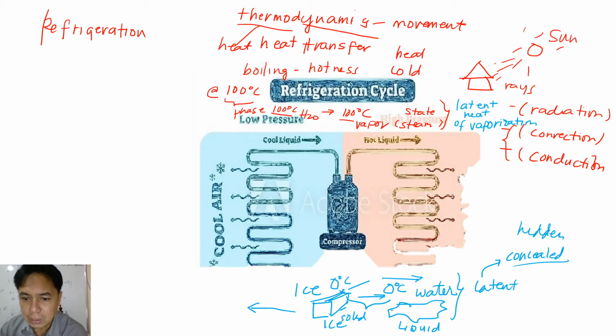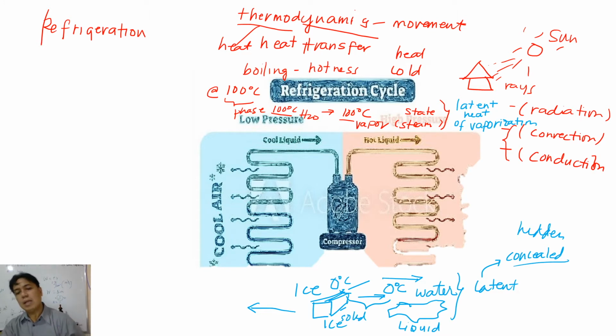Nakatago. Bakit nakatago? Kasi hindi mo makita yung pagbabago sa temperature. Can you measure the heat in latent? Yes or no? Is it measurable, the heat? Is there a heat transfer in latent?